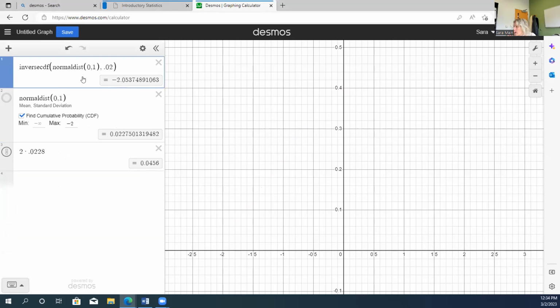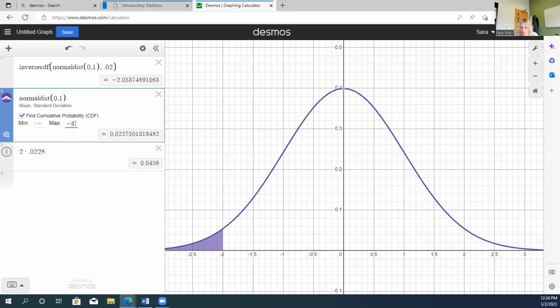Now, if we wanted to check if it matches our picture, we could go down here and turn the graph back on and have it go from negative infinity to negative 2.05 and make sure it matches. So our area 0.02 does match our area here, and our z-score does match our z-score here. And then our picture matches as well.